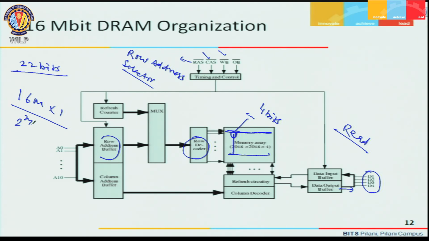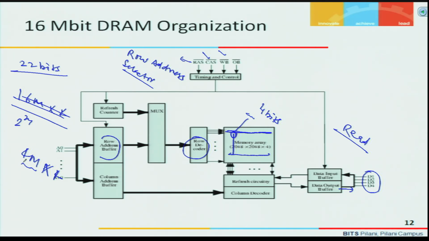Or it can be 4 M into 4 as well. 4 M into 4 means each location gives me 4 bits, total 4 M locations, and in a single cycle I am identifying one location out of these 4 M locations. So, I need separate row address lines as well as column address lines in this case, but in the multiplexing process I am able to reduce the number of pins and that will reduce the size and cost.